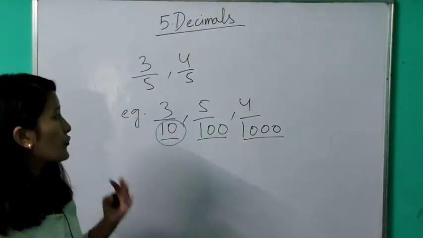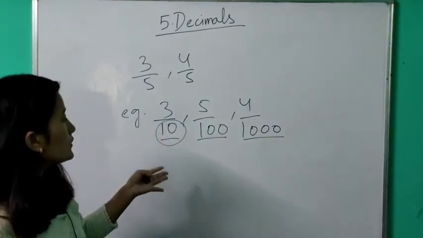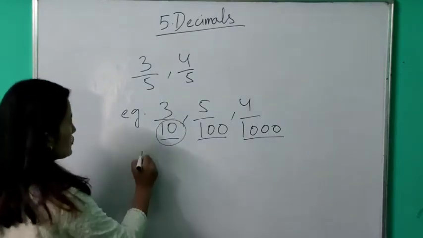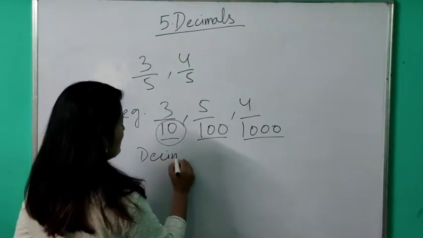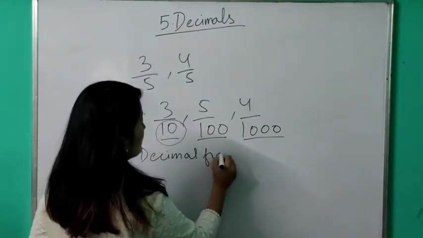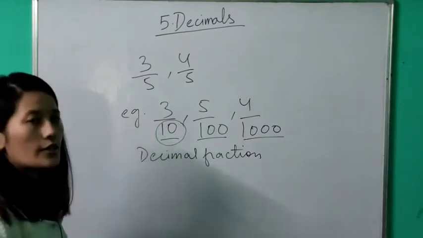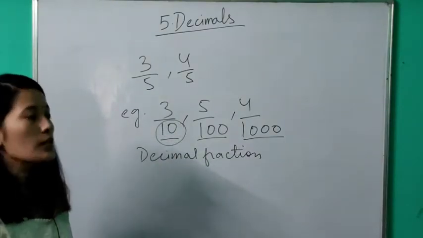A fraction with either 10 or a multiple of 10 is referred to as a decimal fraction, as this fraction can be represented with a decimal point.